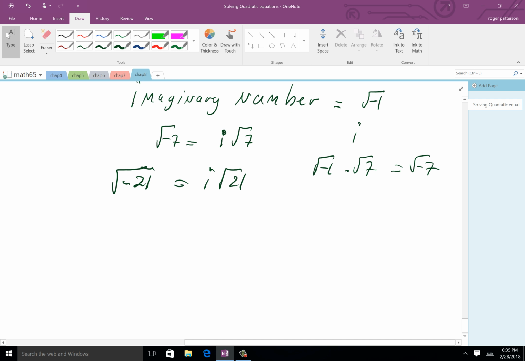Now, if we take all the imaginary numbers and put them together with the real numbers, then we get what we call a complex number.